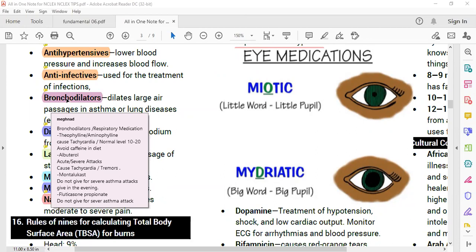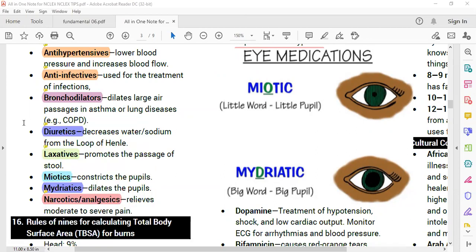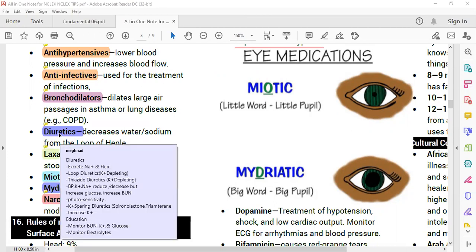What next? Next here, diuretics. Diuretics decrease the water and sodium from the loop of Henle, right?